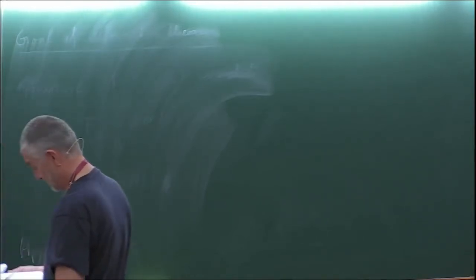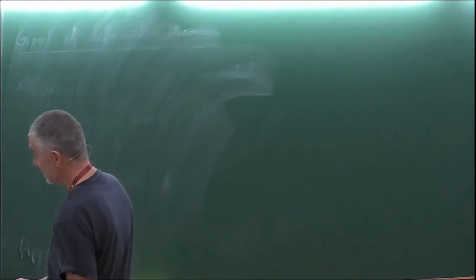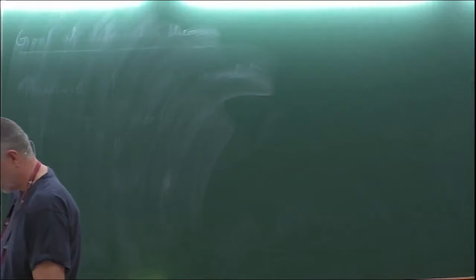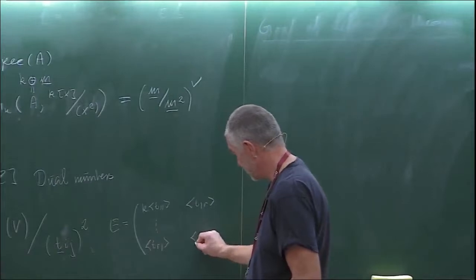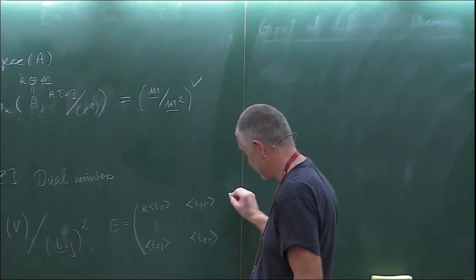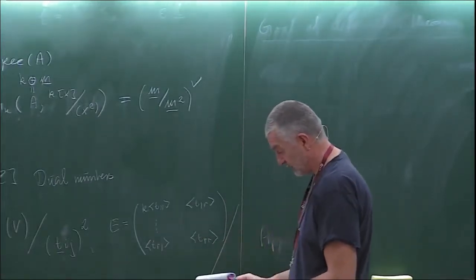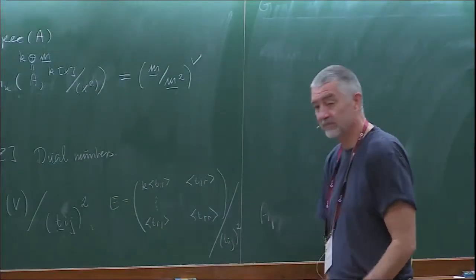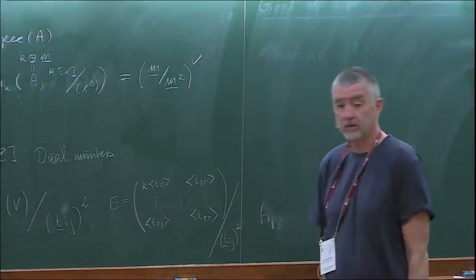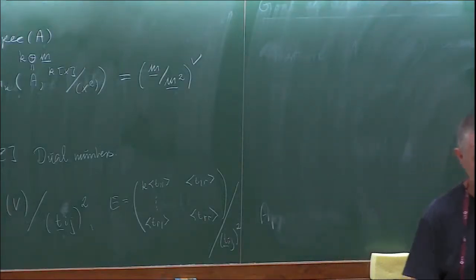So that is, E is equal to this horrible algebra, k<T11, ..., T1R, ..., TR1, ..., TRR>, divided out by the ideal generated by all the t's and then squared.